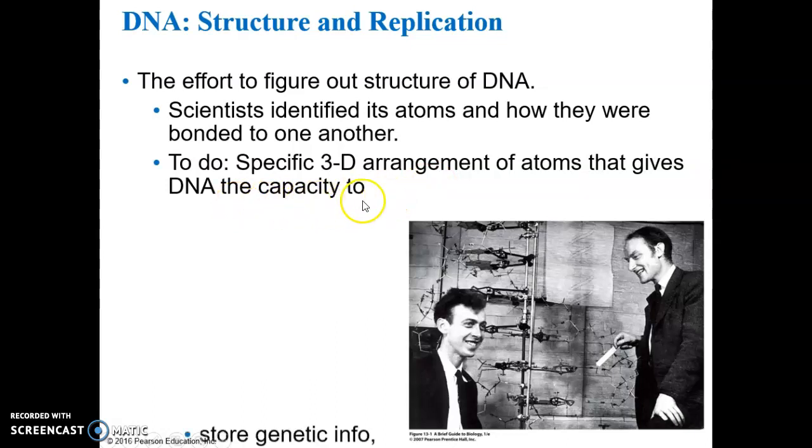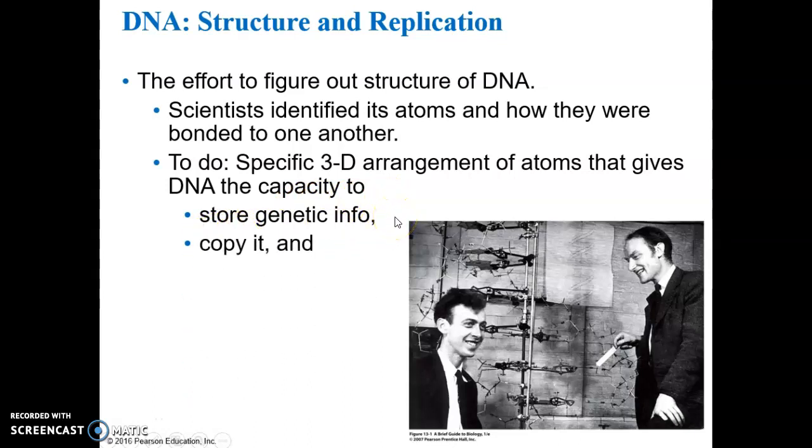We know that DNA is able to store genetic information, copy that genetic information, the replication part of DNA, and pass on its genetic information from generation to generation, from cell to cell, or from organism to offspring. So it was a big challenge to determine the actual shape of the DNA molecule that allows it to do these really important functions.